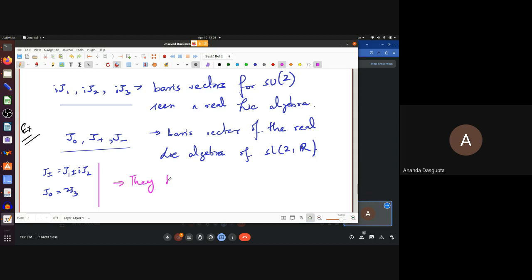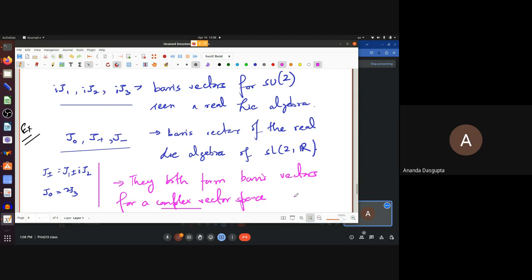They both form, in fact, if you thought of these as elements of a complex vector space, then it's easy to see that this is a genuine basis transformation.